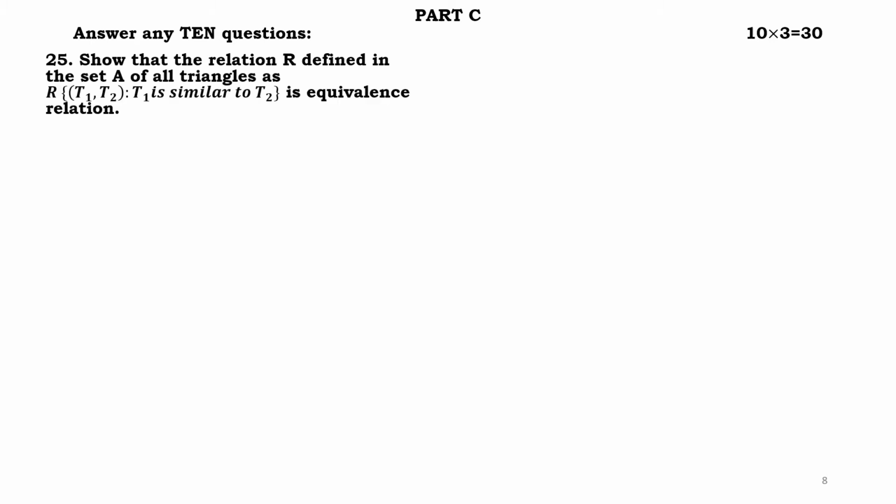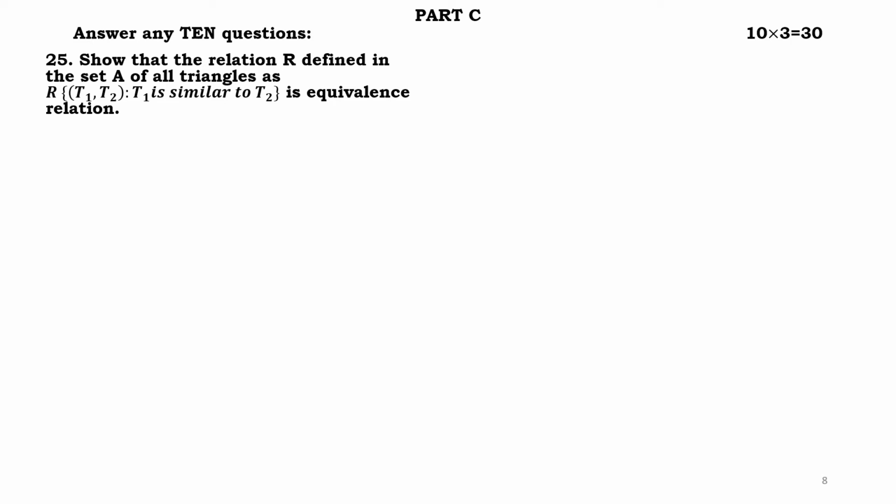Now we will take up 3 marks questions. There will be 10 questions. You have to answer all the 10 questions of Part C. Let us start. This question number 25 is from chapter number 1.